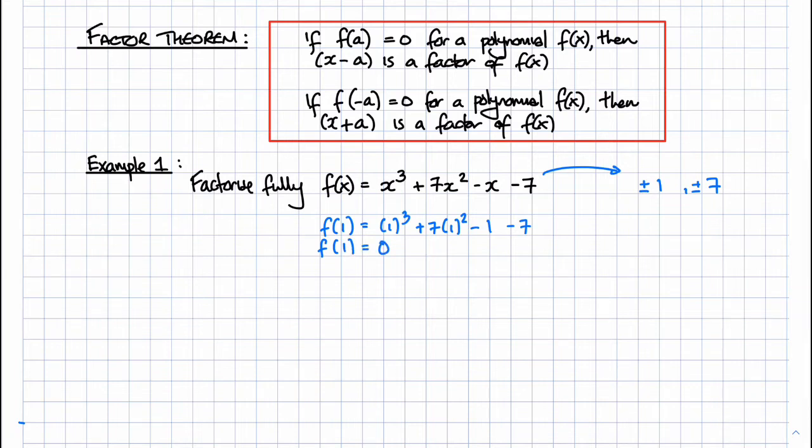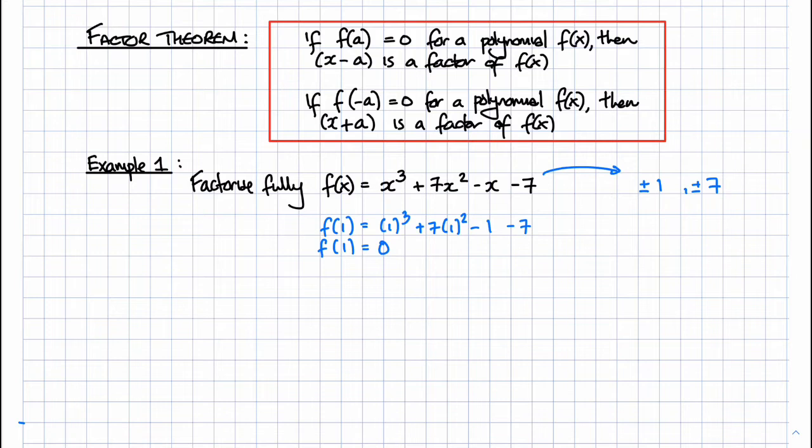Well, that's good news, because according to our factor theorem, if f of a is equal to 0, so in our case f of 1 is equal to 0, then x minus a is a factor of f of x.